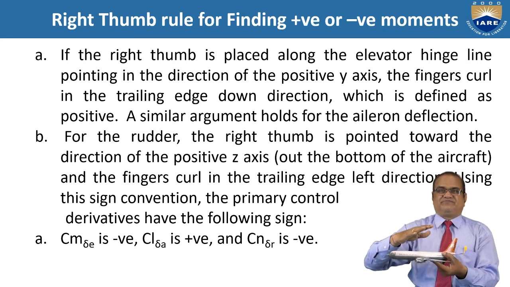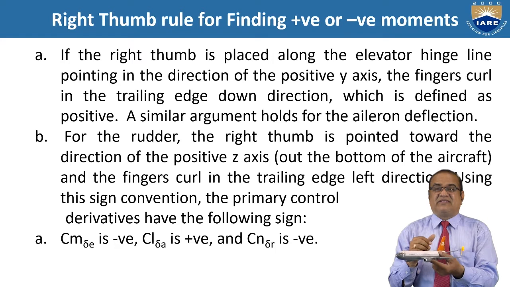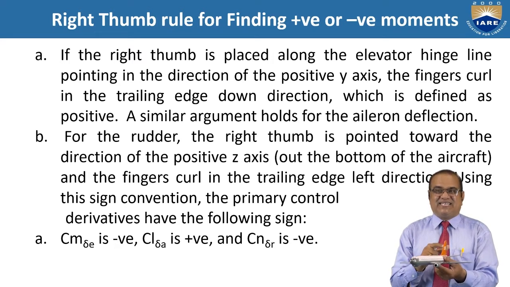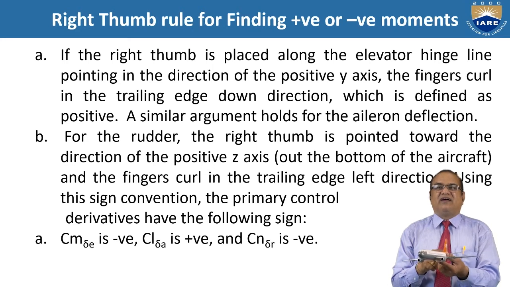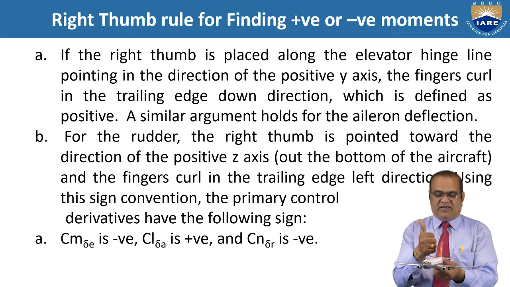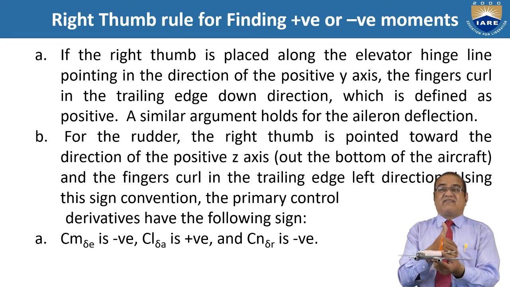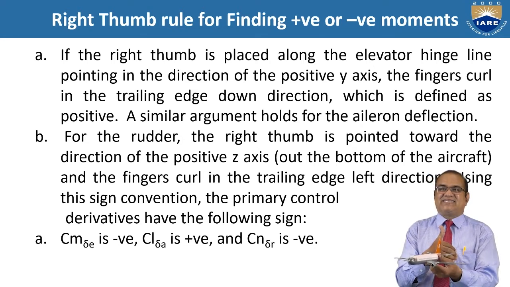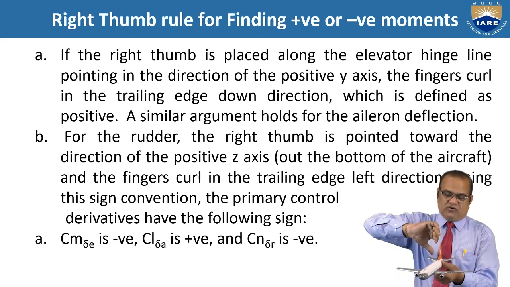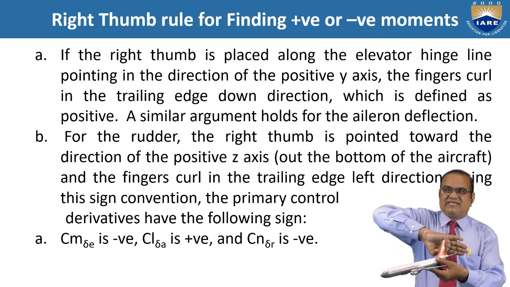If your fingers are down, then it is a positive elevator deflection. For a rudder, the thumb is pointed towards the direction of the z-axis, out of the bottom. If I am putting like this, and the fingers curl with the trailing edge to the left, it is like this.